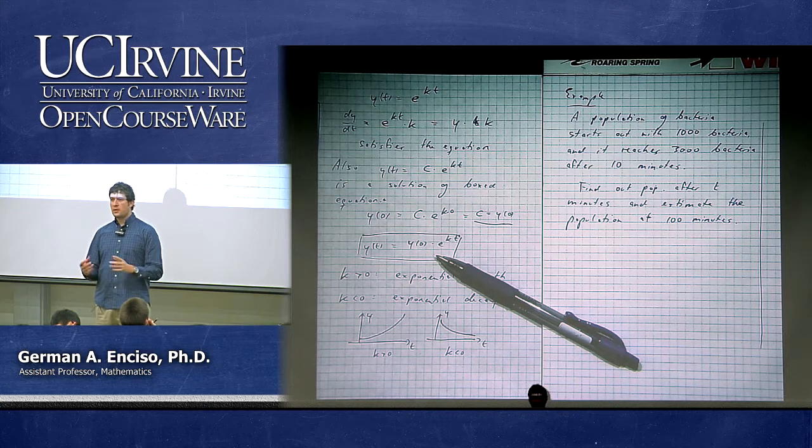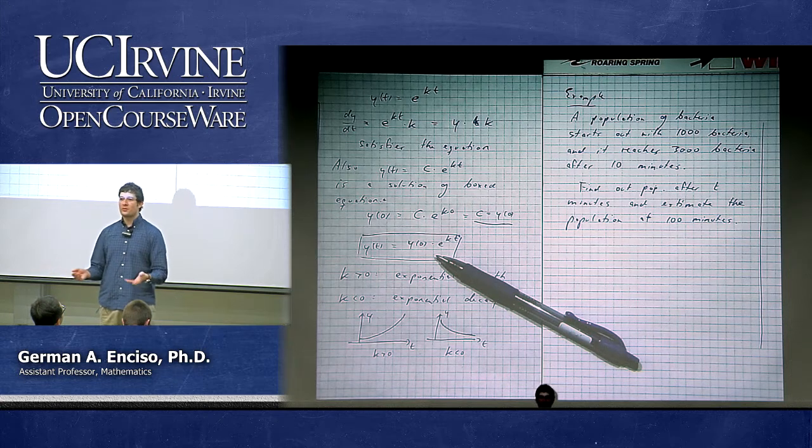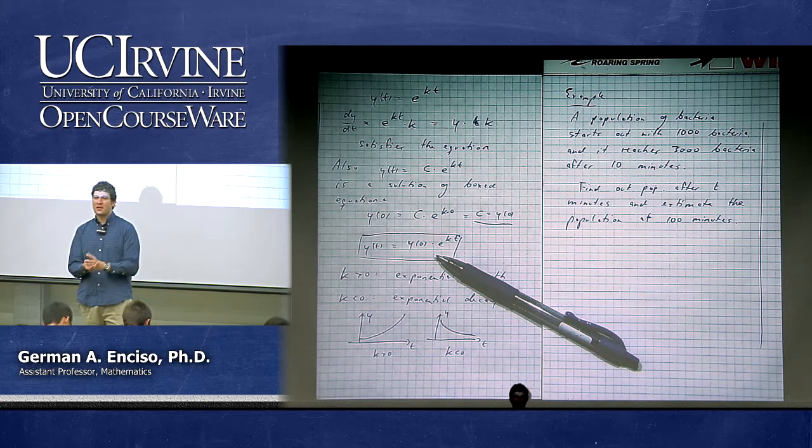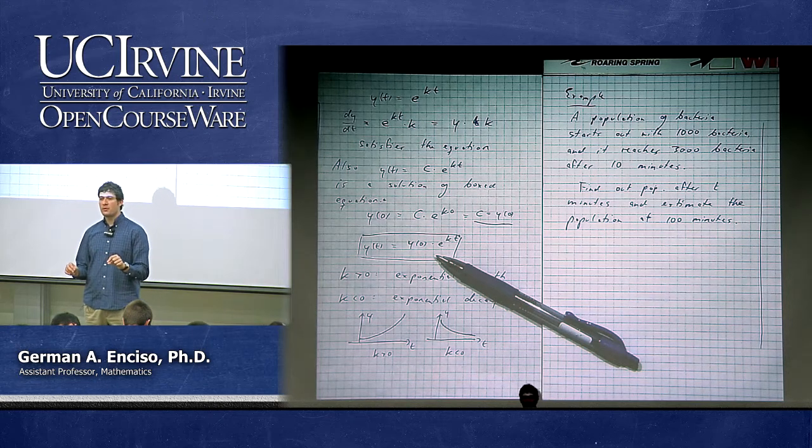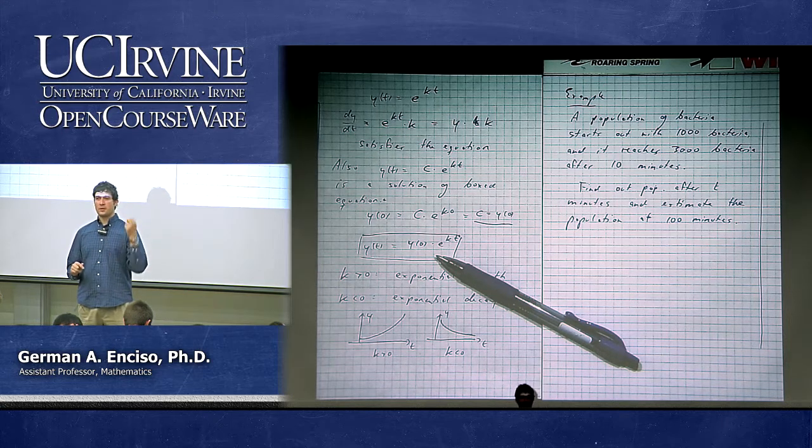Time is unknown, but time is the variable, so it's supposed to be unknown. You can calculate it for different times. But there's another parameter. What parameter? k. So really, in this equation, there are two parameters we need to find out: y of 0 and k.